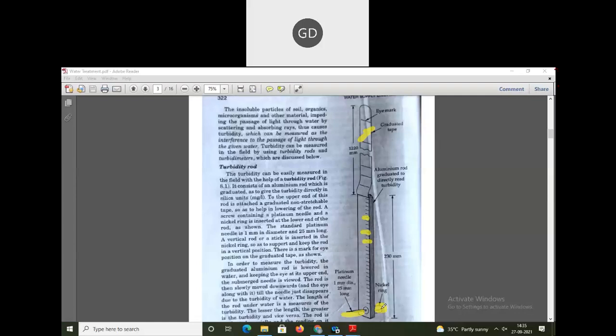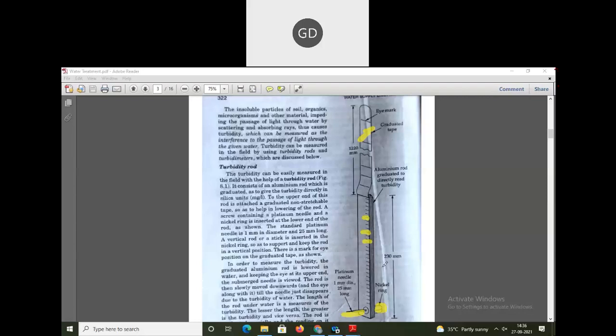Here you can see the nickel ring, and there is a needle inserted, which is a platinum needle, 1 millimeter in diameter and 25 millimeter in length. This vertical rod or stick is inserted in the nickel ring, to support the rod to stay in the vertical position.